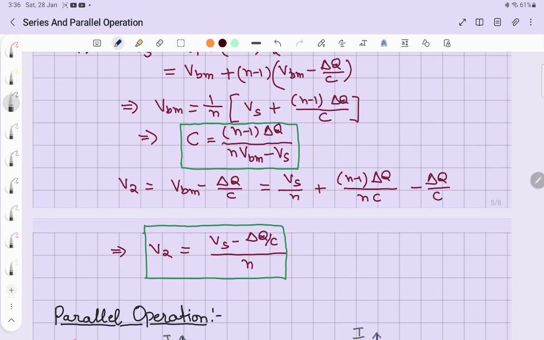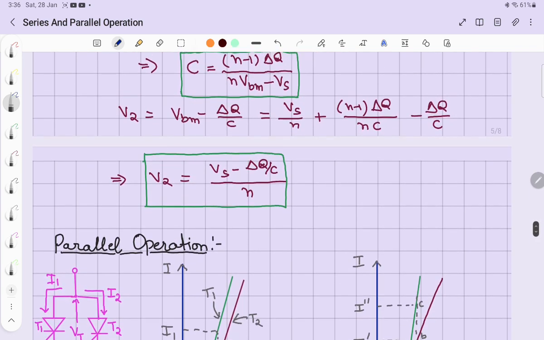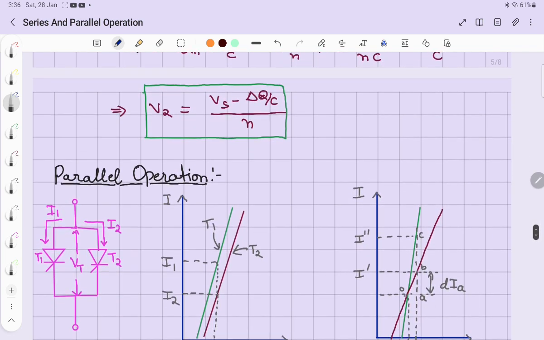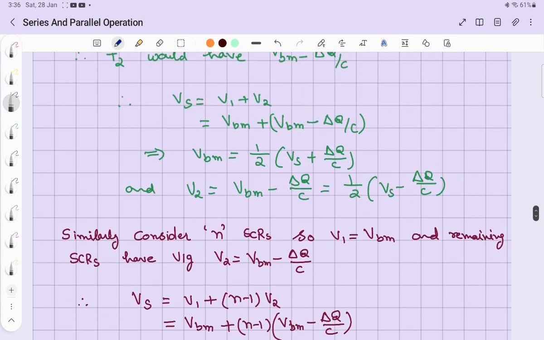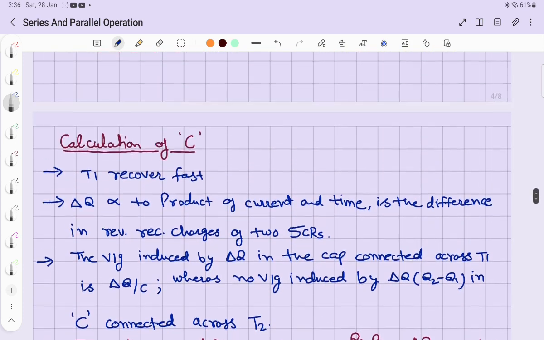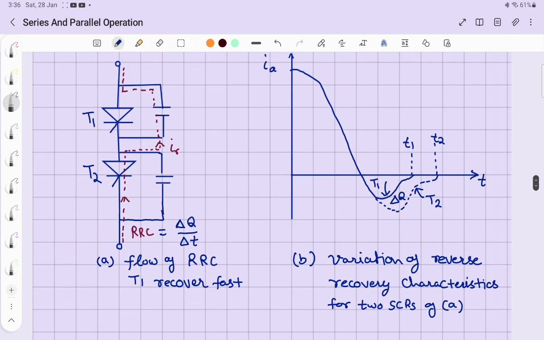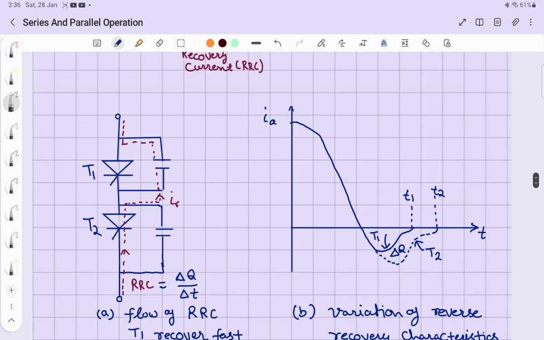In this way we can have static as well as dynamic balancing of the thyristor string.